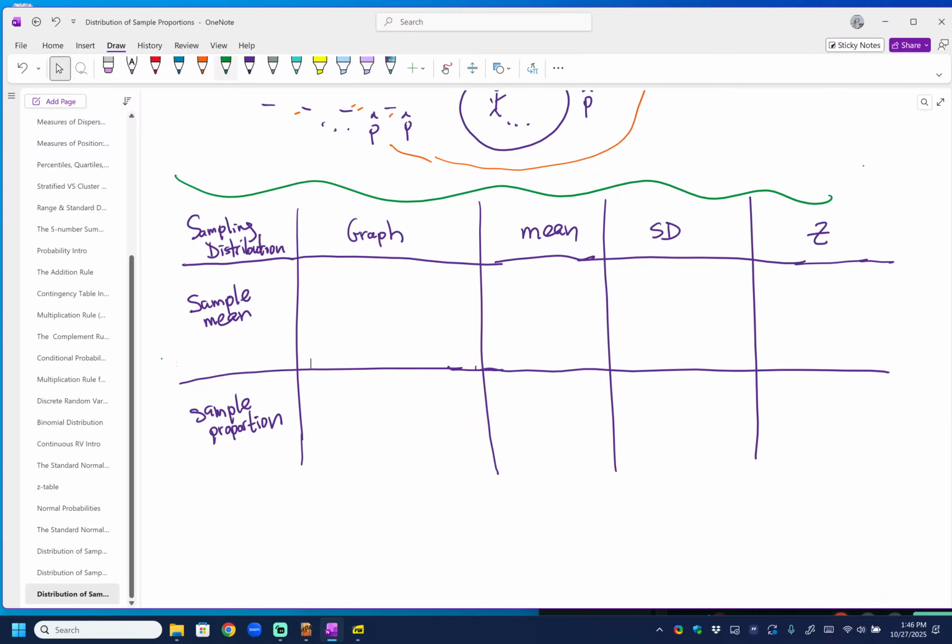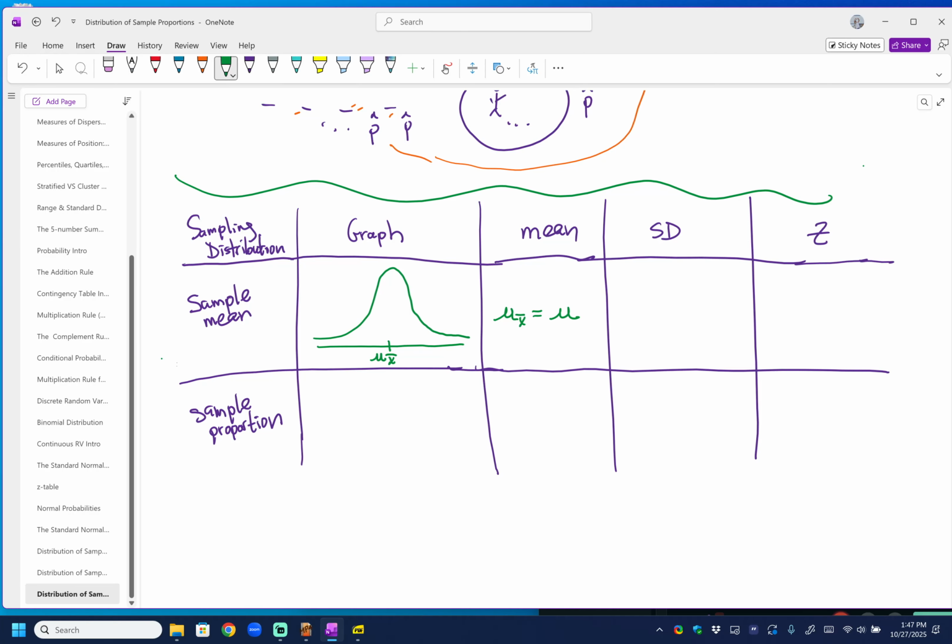Okay, first things first, we have our graph of our sample mean, if you recall. Something like this. The middle was the mean of x bar, right? And the mean of x bar, our sample mean here, the sampling distribution of the sample mean, was always equal to the population mean. Very straightforward.